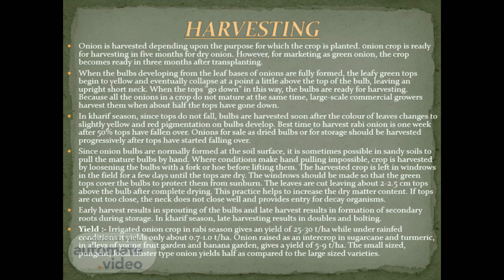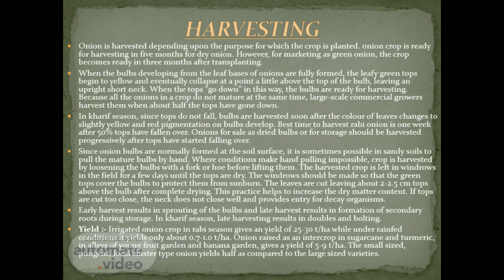When the tops go down in this way, the bulbs are ready for harvesting because all the onions in a crop do not mature at the same time. Large-scale commercial growers harvest them when about half the tops have gone down. In Kharif season, since tops do not fall, bulbs are harvested soon after the color of leaves changes to slightly yellow and red pigmentation on bulbs develop.